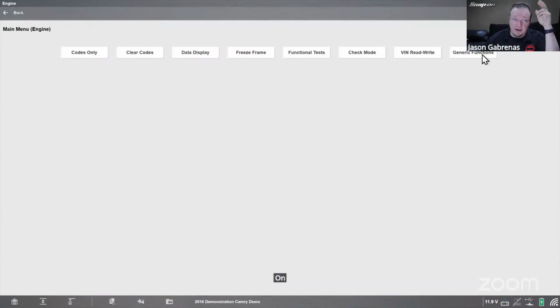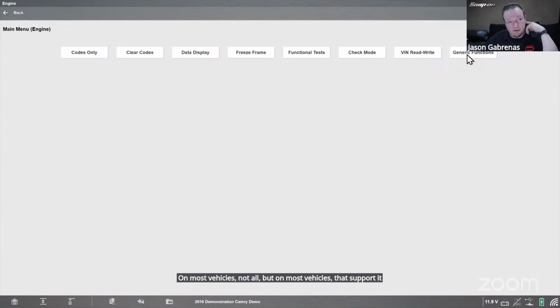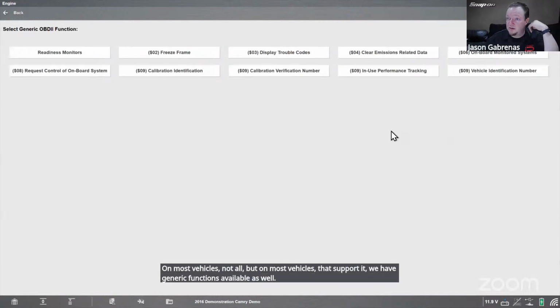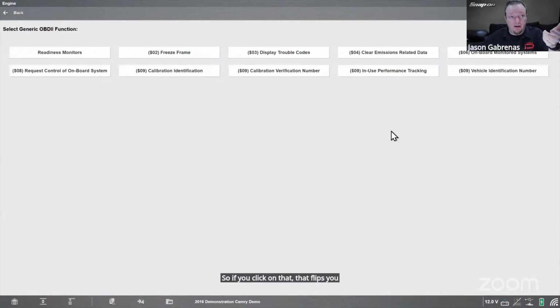On most vehicles, not all, but on most vehicles that support it, we have generic functions available as well. So if you click on that, that flips you over into that other room, which is like a hole in the wall. So I got my readiness monitors, mode 2, 3, 4, 6, 8, and 9. So no mode 5, 7, or 10, right? So you get most of the modes, but not all the modes.